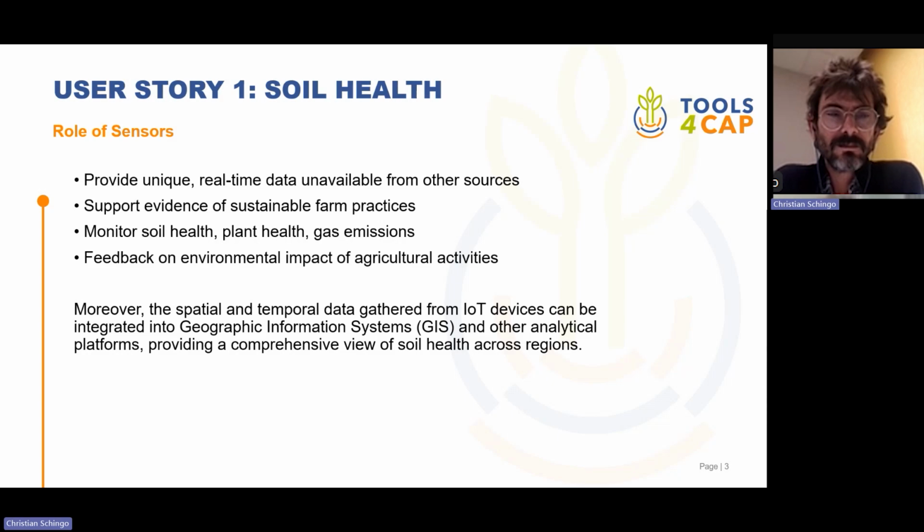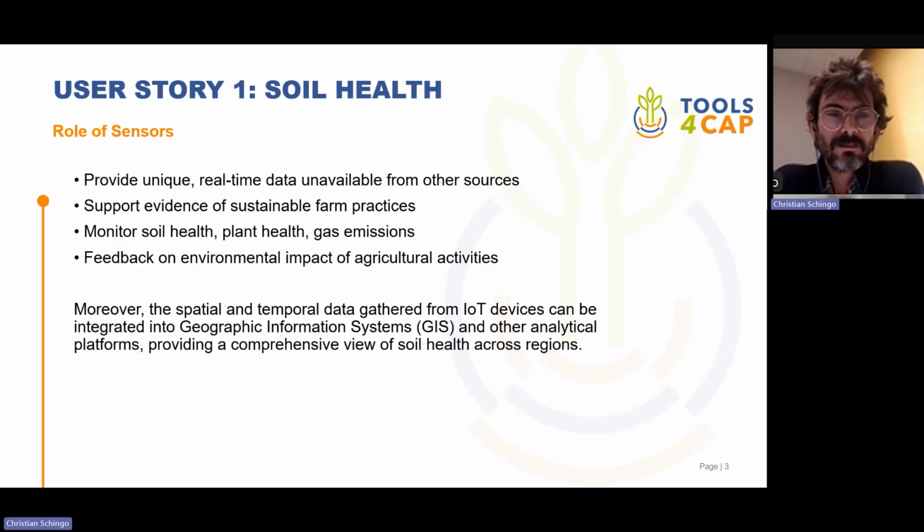Another role that the sensors play is that they support evidence of sustainable farm practices. Exactly. If you are able to detect the soil health, you can also go back and see, for example, why a soil health is not good enough because of farm practices that are not environmentally friendly or are wrong for certain parameters.